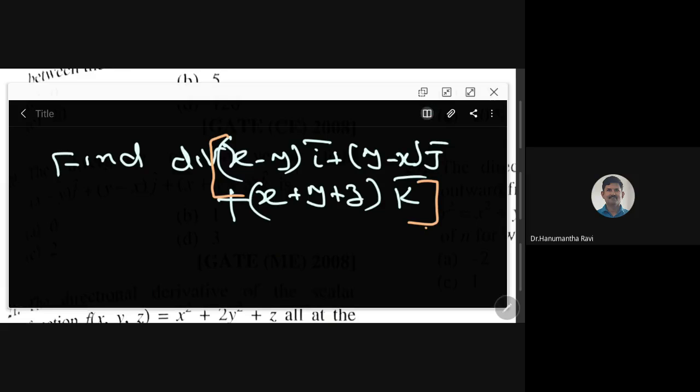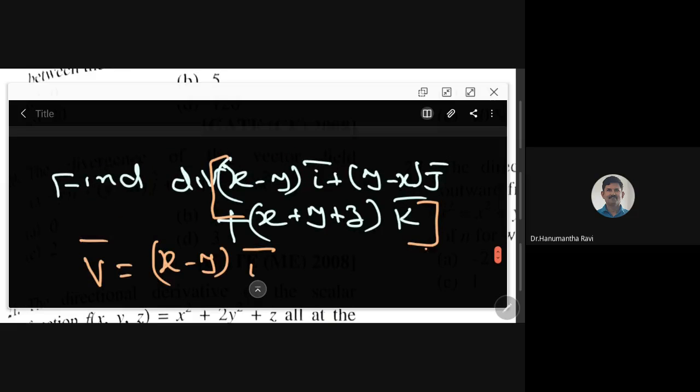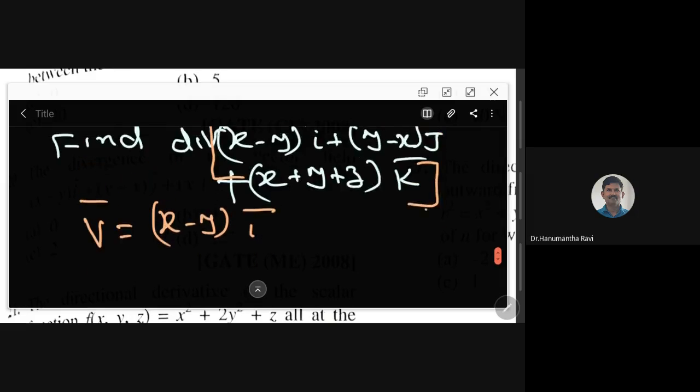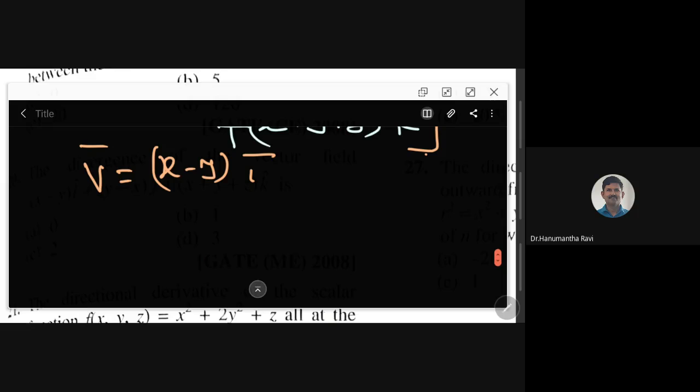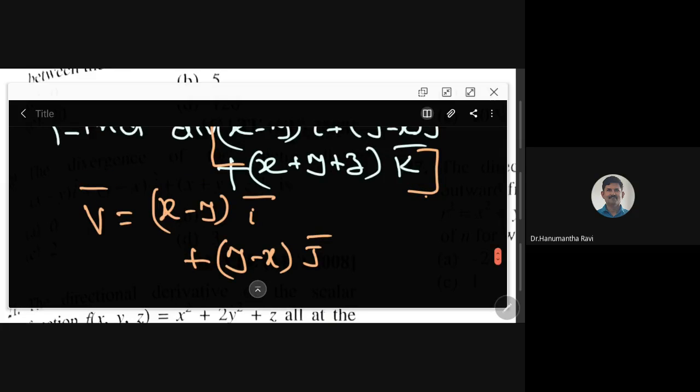For simplicity's sake, we call V bar equal to x minus y i bar plus y minus x j bar plus x plus y plus z k bar.